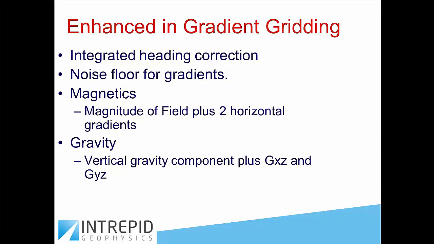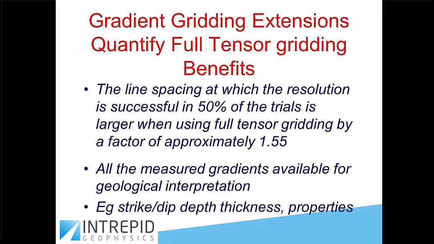And similarly for gravity, if you have a measure of the gravity field, which is the GZ, we also support the possibility of having gravity components, if they're measured, of what would be in tensor terms a GXZ and a GYZ, which is simply the horizontal gravity components. And some airborne gravity instruments are measuring these, e.g. the Sanders airborne system. Gradient gridding extensions.